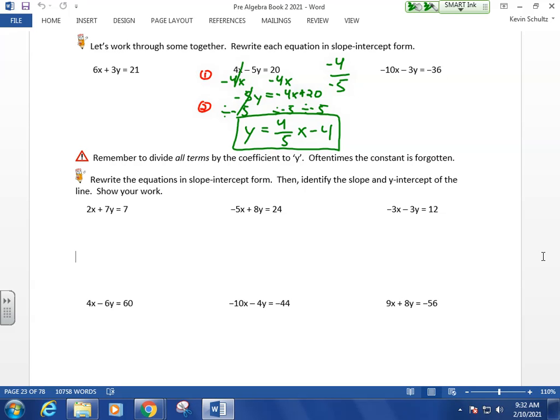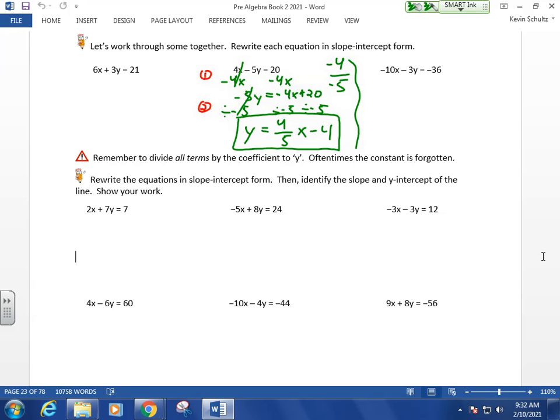Okay. The third one. Negative 10x minus 3y equals negative 36. Look at that x term there, a negative 10. What are we going to need to do to move that negative 10x over to the other side? Add 10, right?